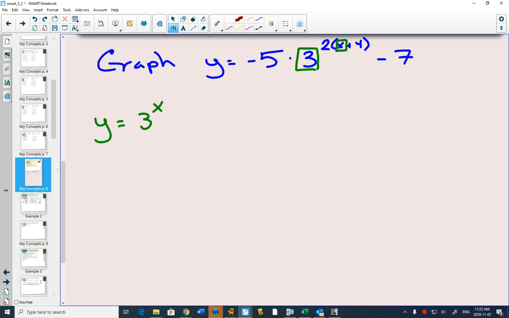In fact, if we go from left to right here, we can label these just like we used to. This is a vertical reflection. Here we have a vertical stretch. The 3 does nothing. It's already in factored form. This would be a horizontal compression. Here we have a horizontal translation. And finally, a vertical translation.